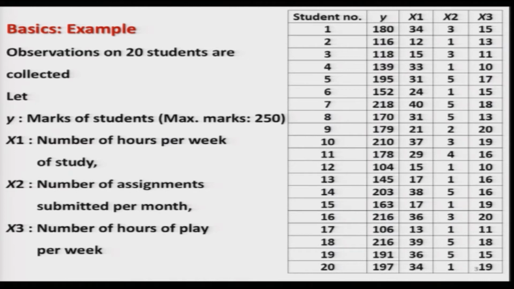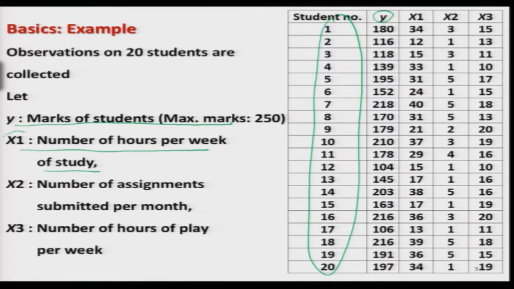So, now this is our data set. Have a look, because this data set is going to be used again and again here, when I try to implement all these things in the R software. So, we have obtained the data on 20 students which are numbered 1 to 20, and then we have obtained the data on the marks of a student which are denoted here by y, then data on the number of hours per week of study which is denoted by x1, which is in the 3rd column in the table.